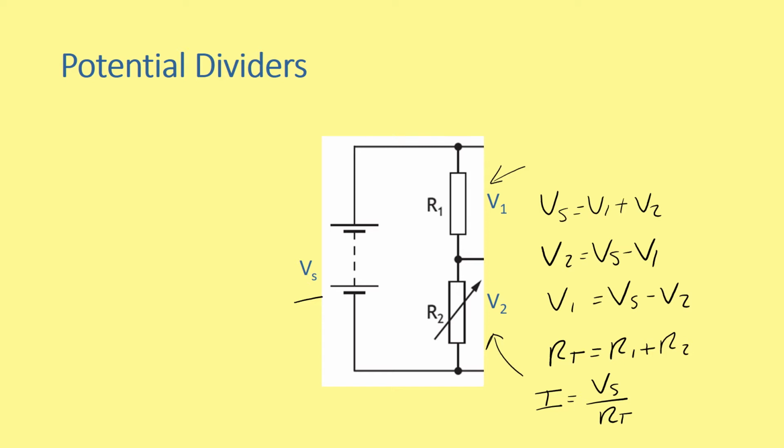We can then use this current with the value of R1 to find V1. V1 is equal to I multiplied by R1. V2 would be I multiplied by R2. But that's a lot of calculation. What we can use instead is a different formula which brings all these things together.